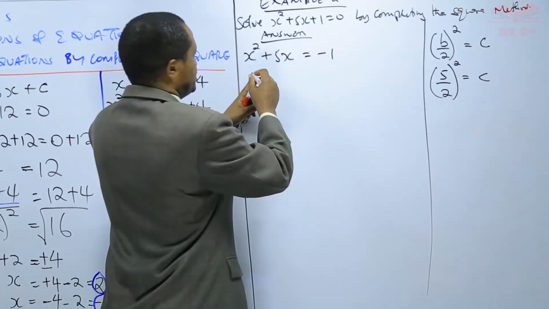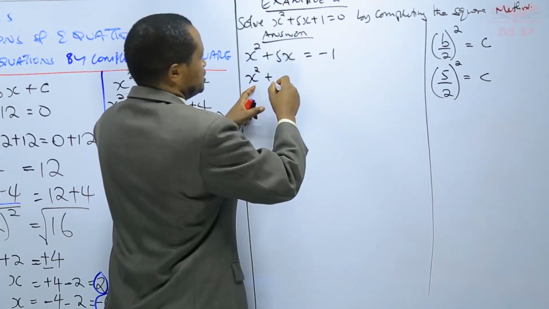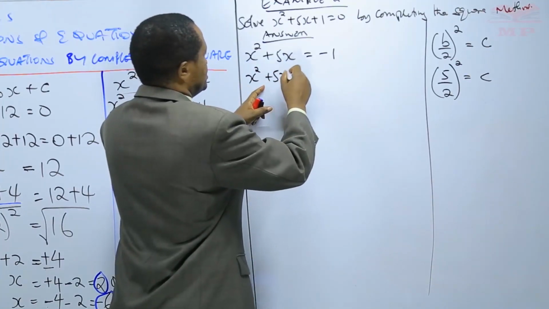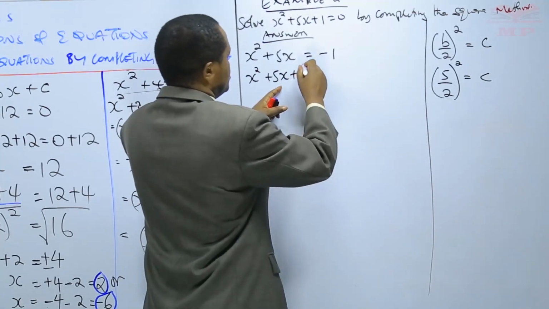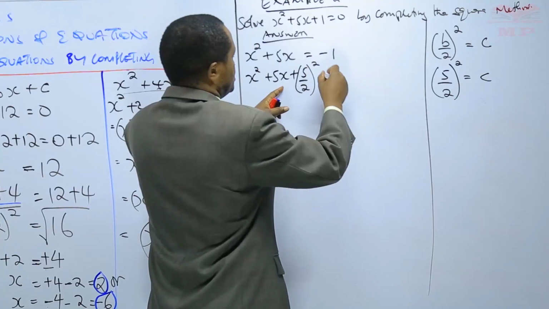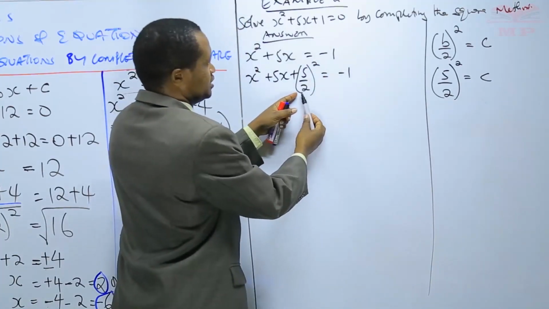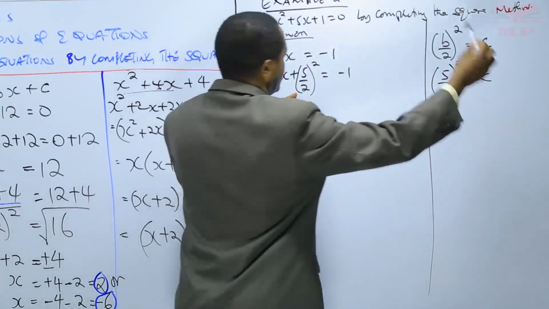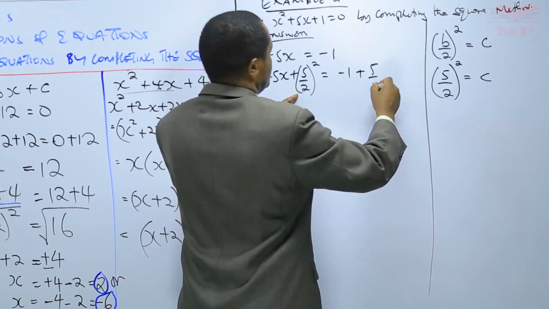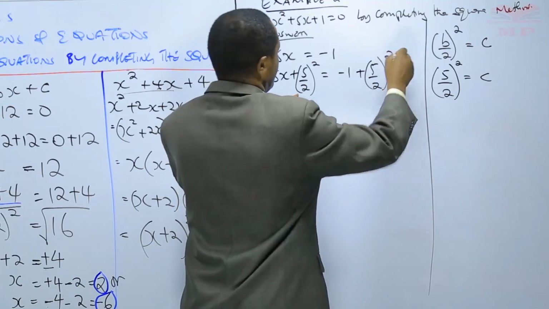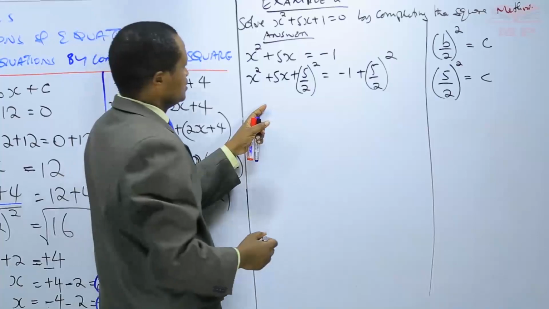We come here and substitute: x squared plus 5x plus 5 over 2 squared is equal to -1. Since we have added the constant here, we also add on the right hand side plus 5 over 2 squared. Are you following?